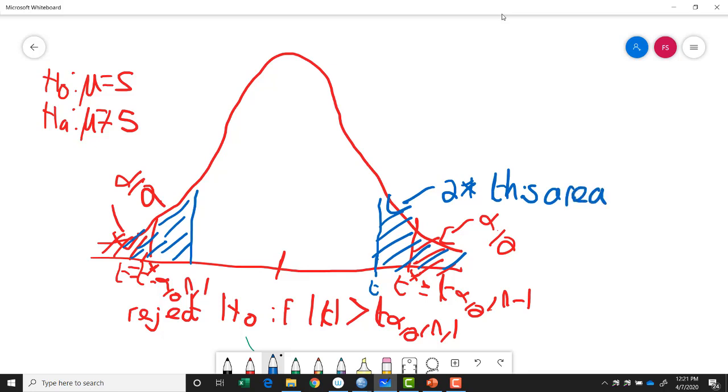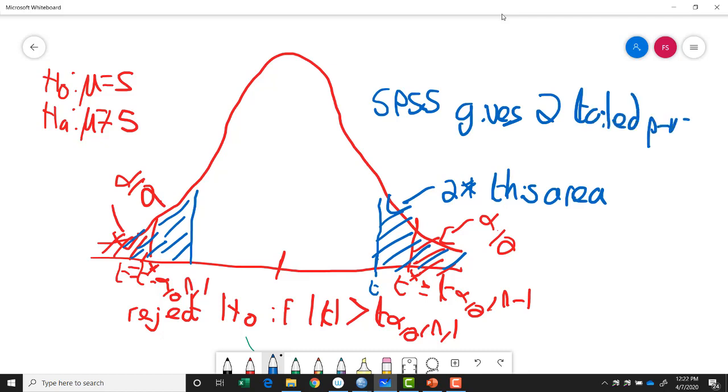Now with SPSS, this will all be done automatically. But just one thing, I'll just write this down. SPSS gives two-tailed p-values.